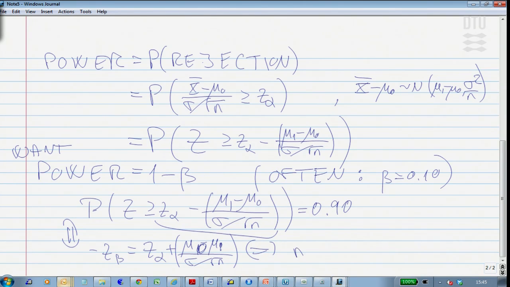But anyway, if you rewrite this expression, if you isolate n in this expression, you will see that you get an expression saying that z beta plus z alpha divided by mu1 minus mu0, sorry about that, divided by sigma, all of this squared.